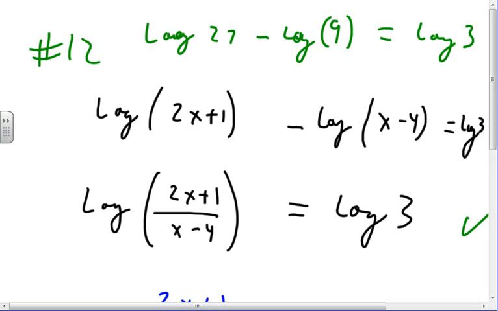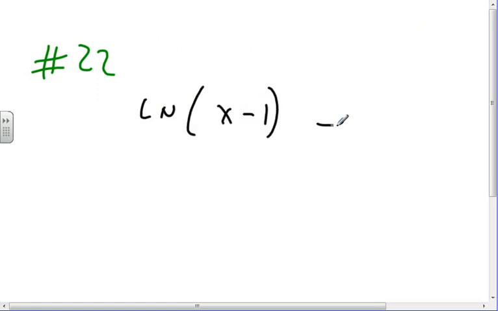I guess we need some natural log guys. We'll do 22. Natural log of x minus 1 is equal to 2. Oh, we can't do it because I don't have log on both sides, right?